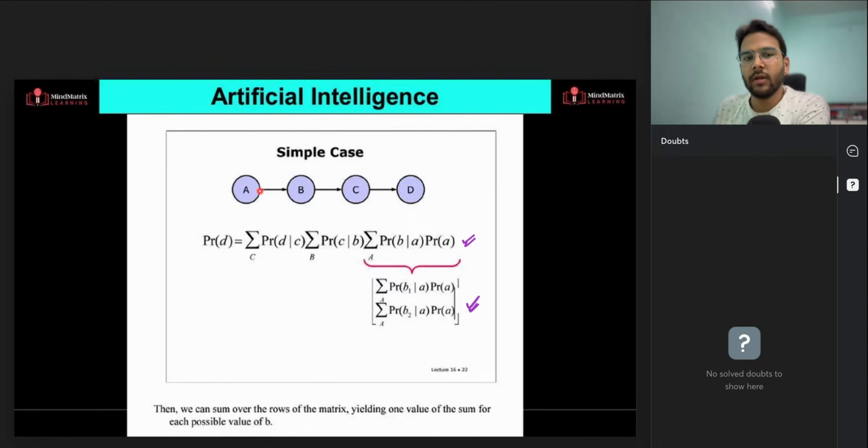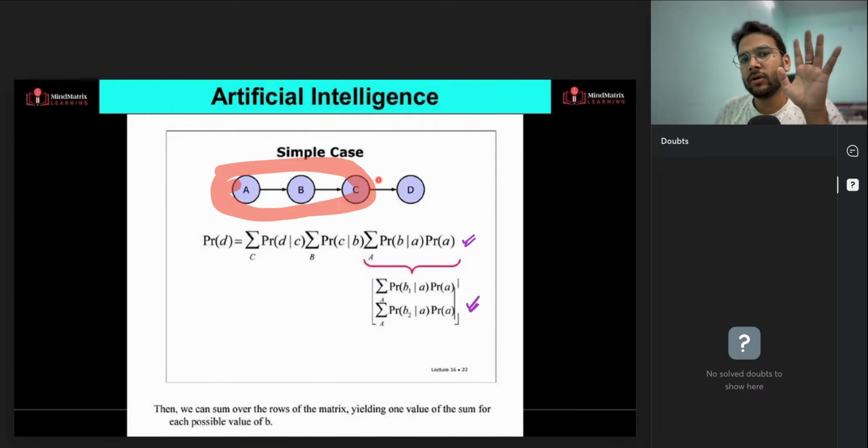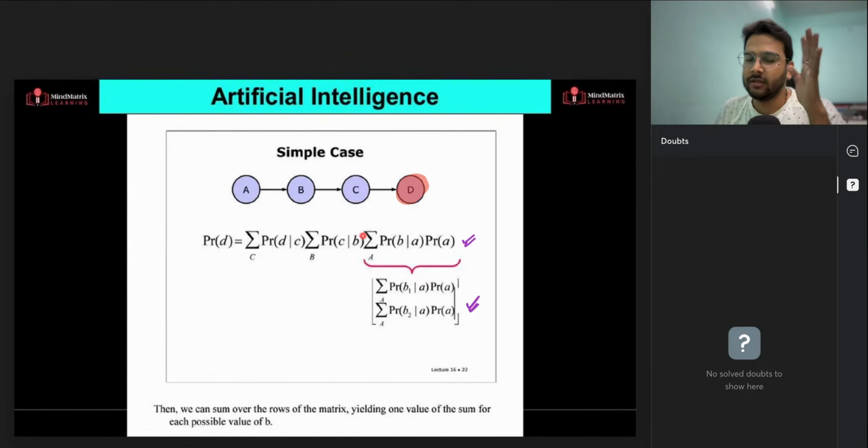Now, carefully understand. I'm mainly interested in finding the probability of D. Do you agree? Yes or no? Yes. So the probability of D mainly depends on C. If somehow I can find this particular value, then I can find this. Let's focus on C now.